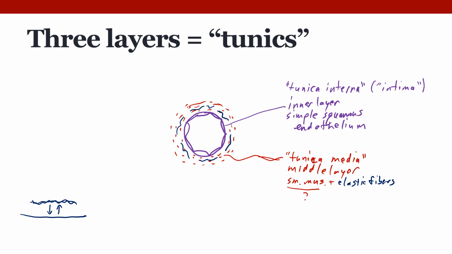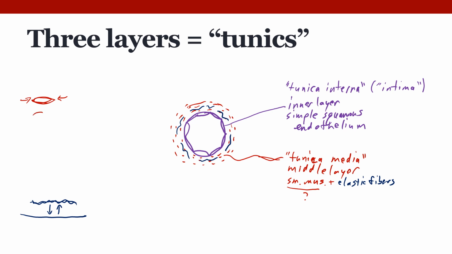Smooth muscle has one ability. Smooth muscle fibers are these little squashed football shapes. They can contract. They can get smaller. And why would you want to do that?